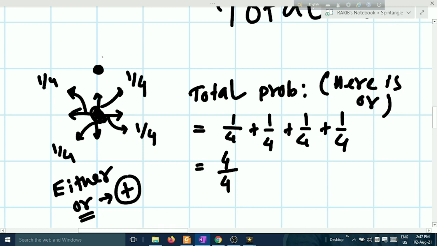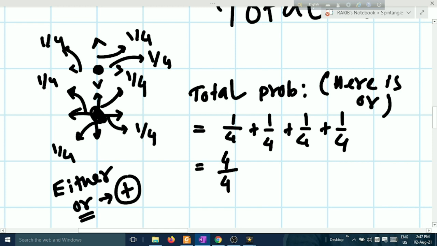Now, when you are starting from this point and reaching this point, you have only 3 ways. How many ways? 1, 2, 3 ways. You can also take this path, but this is not allowed. Then the probability of each path will be 1/4. But you can take only 3 paths.